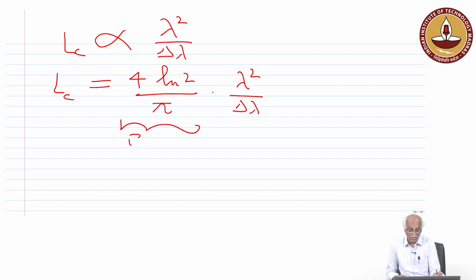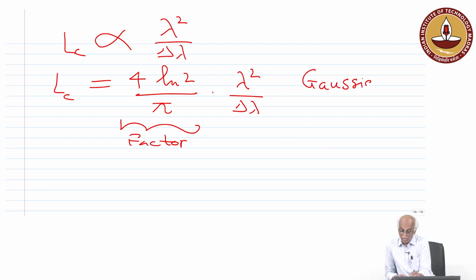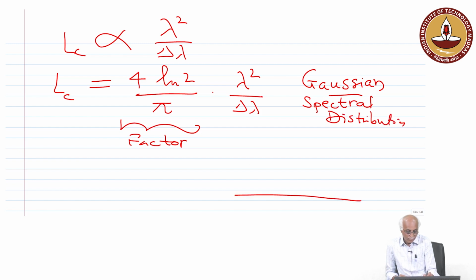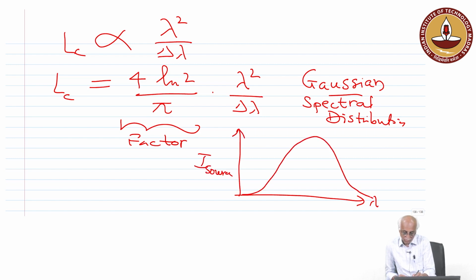Now, this factor comes into picture because in case of a Gaussian spectral distribution of the light source, it will have a Gaussian spectral distribution. The intensity of each of these beams will be different, right?